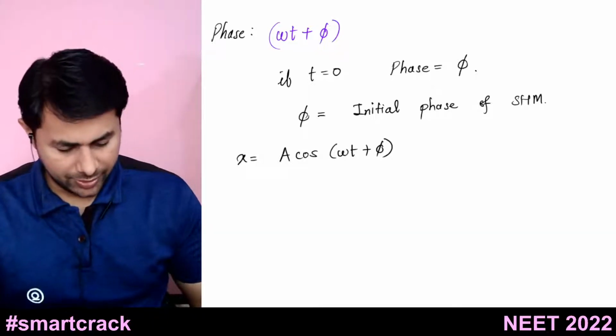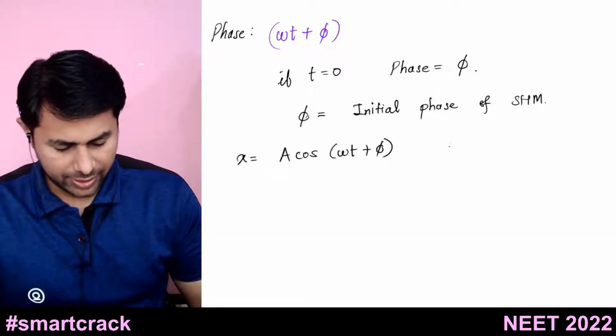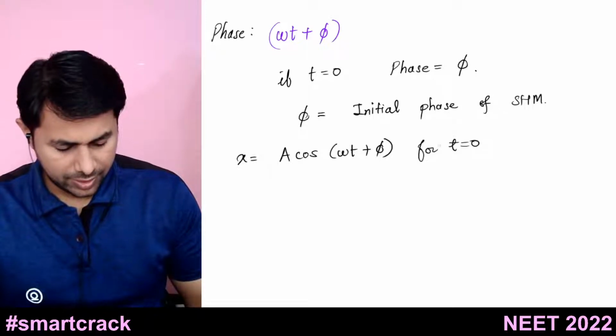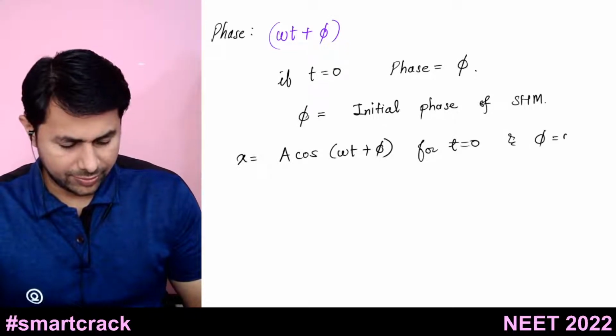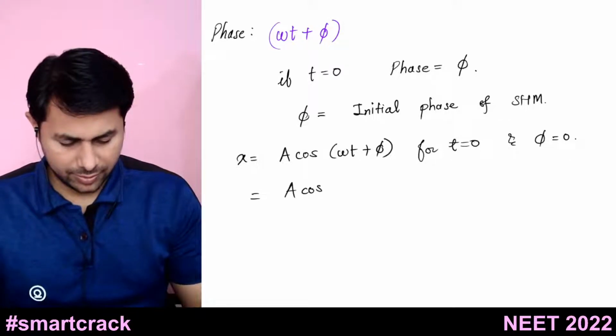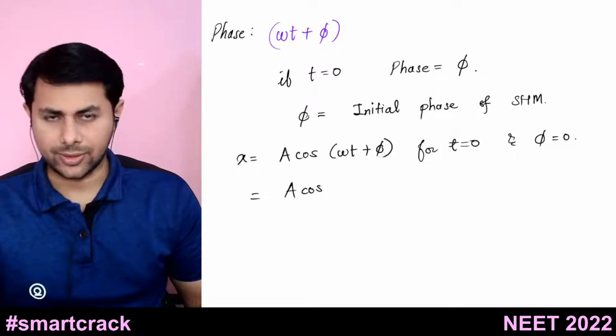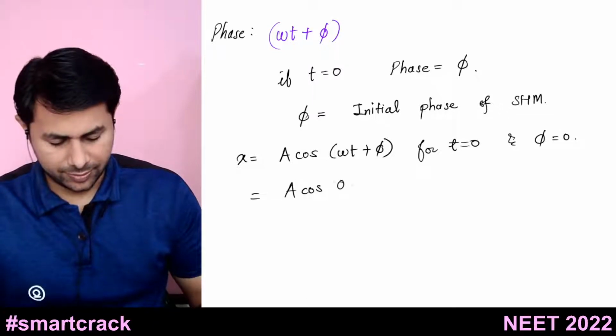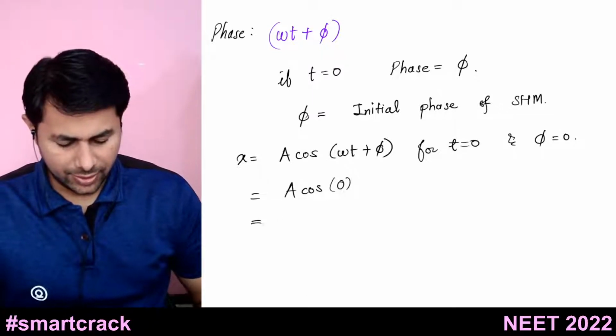Substitute t equals to 0 and phi equals to 0. So this is a into cos of, this term is 0 and this term is also 0, so a into cos of 0. What is cos 0? Cos 0 is 1.